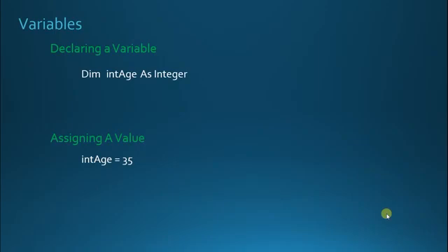Now with some data types, you have to be a little bit more specific. There are some special characters that may need to go around your value. A good example of that is dates. With dates, like in the example here, I've given a variable of DTE birth date, and I say it's equal to April 1st, 1978, 5:47 and 32 seconds p.m. We'll go over the date data type a little bit later.